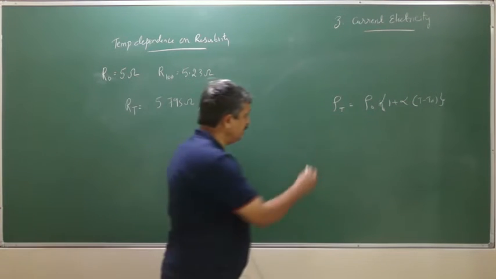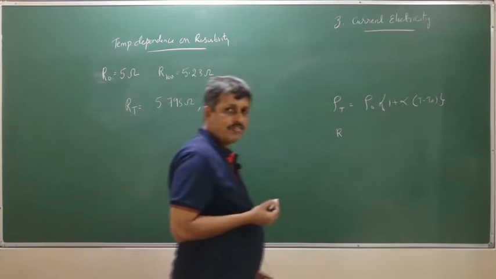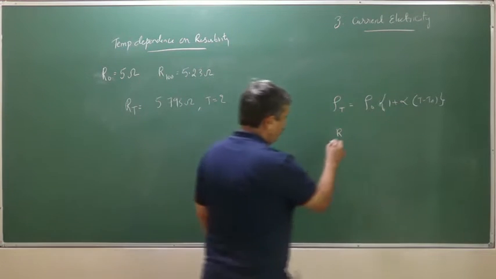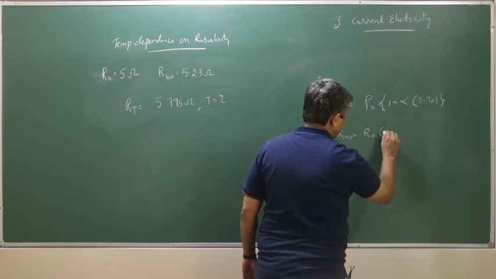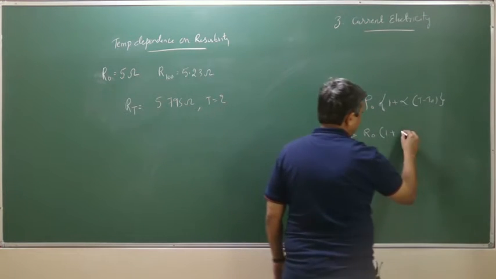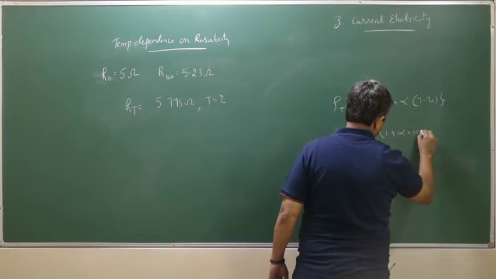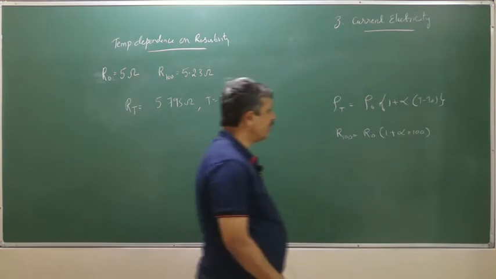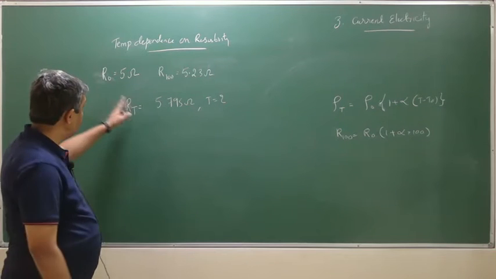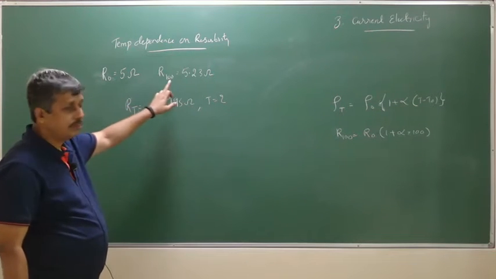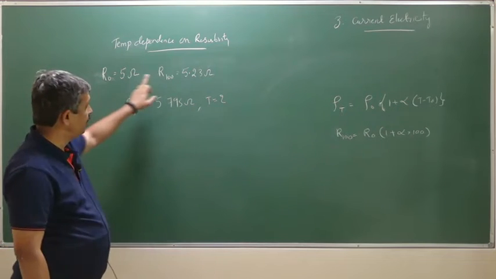Here, the first scenario is R100, which is given to you, equal to R naught into (1 plus alpha into 100). What I did was apply the same formula for two temperatures, 0 degrees and 100 degrees, because we are given R naught and R100.